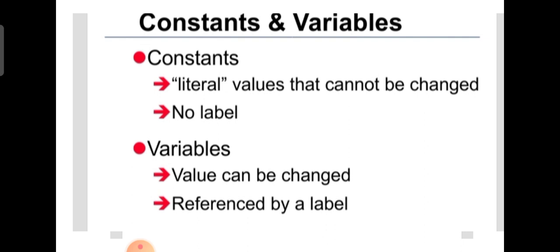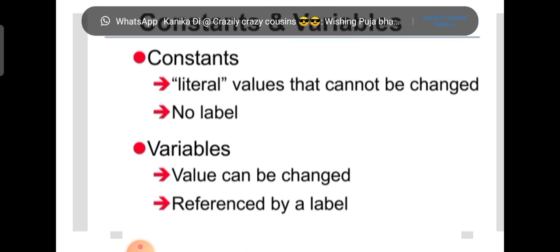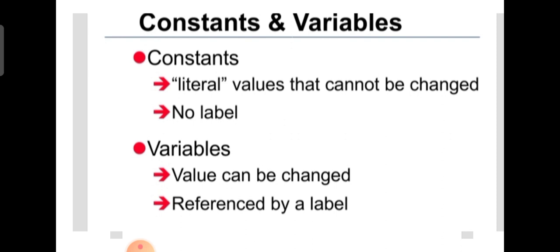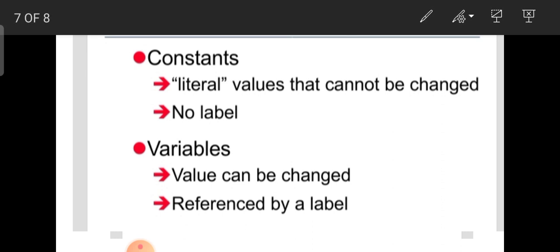A numeric constant does not change; all whole numbers, whether positive or negative, come under the numeric constant. Second is your alphanumeric constant: string data that does not change and refers to a valid set of characters is known as your alphanumeric constant.